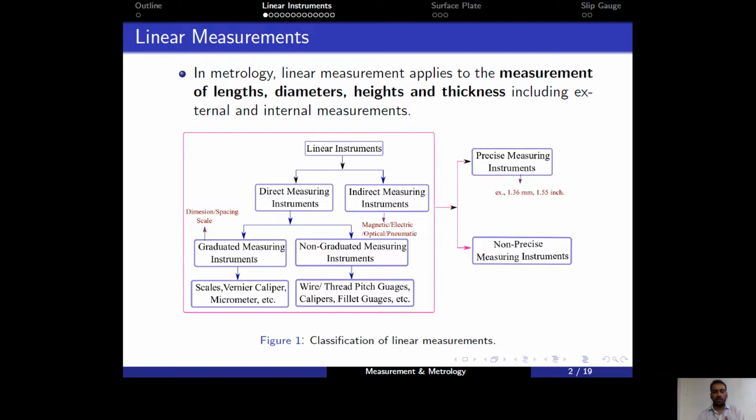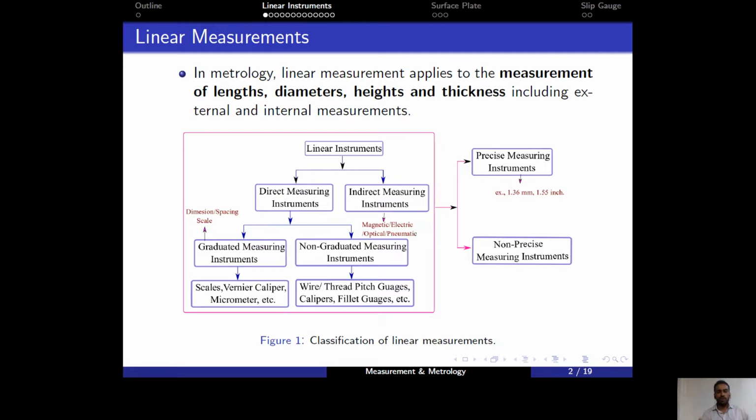And suppose I'm converting my dimension using some instrument which is able to sense a magnetic field, electrical field, or any optical signal, any pneumatic signal. The instrument converts these signals and, using a secondary transformation, converts that into displacement, length, dia, height and thickness of my specimen.